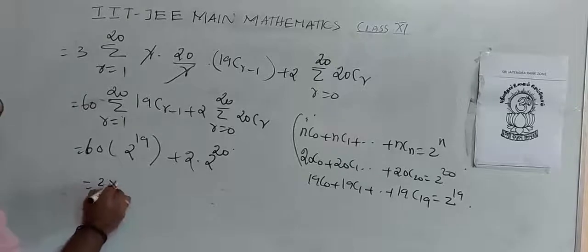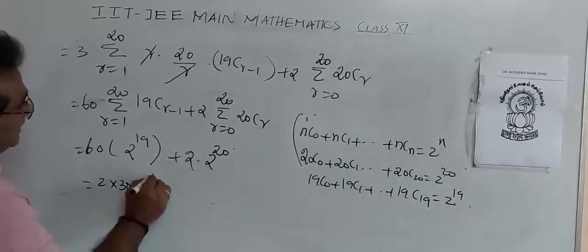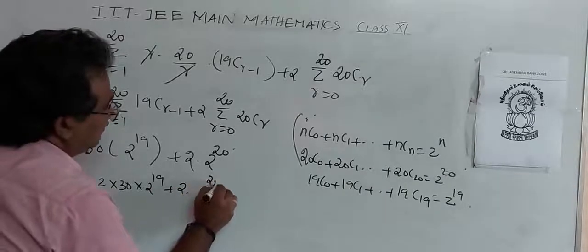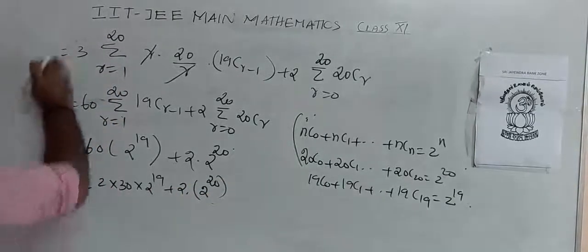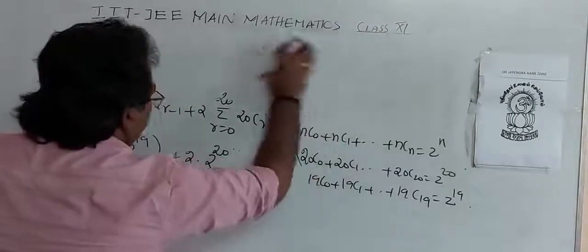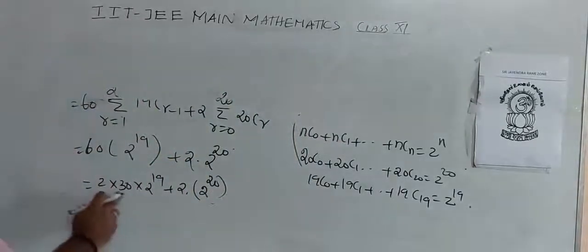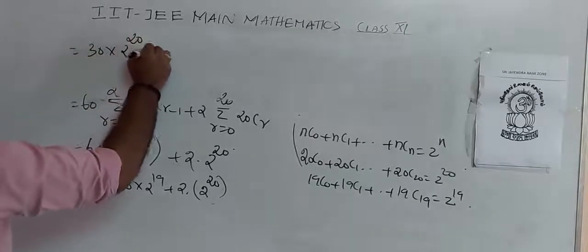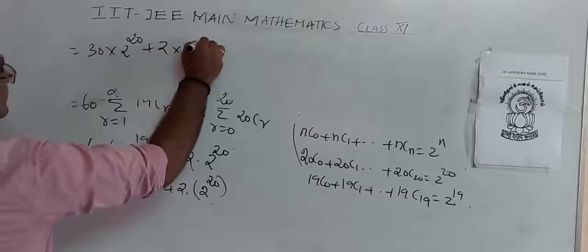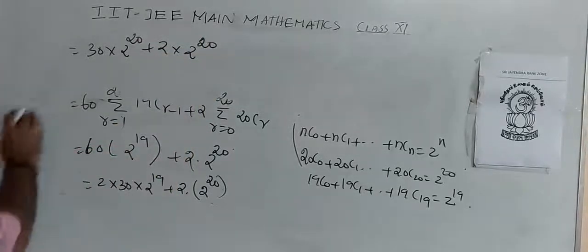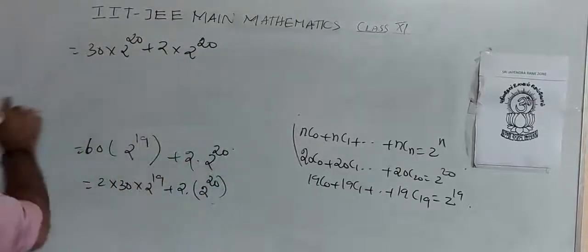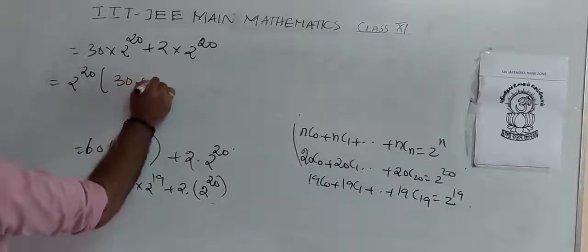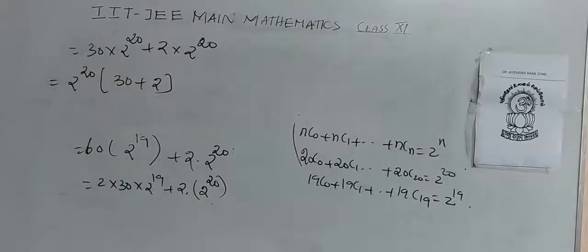Two into 30 into 2 power 19, plus 2 into 2 power 20. Here 30 into 2 power 20 plus 2 into 2 power 20. You can take 2 power 20 as the common factor, 30 plus 2.